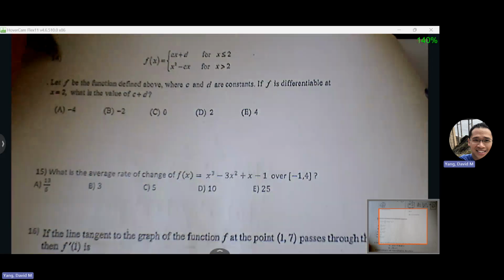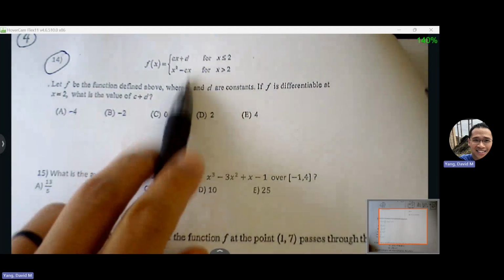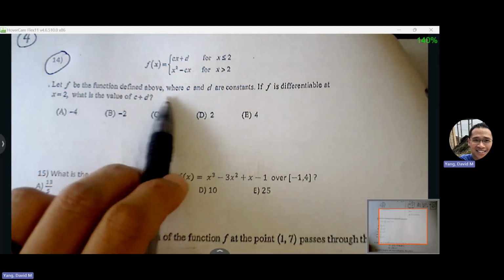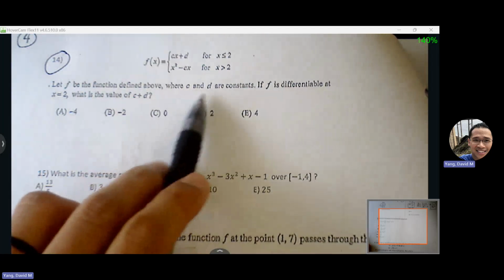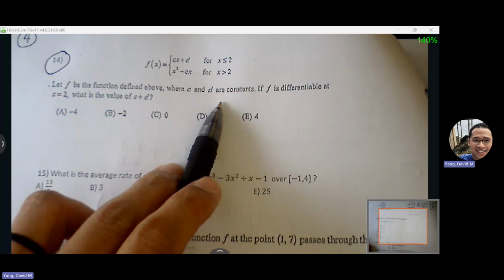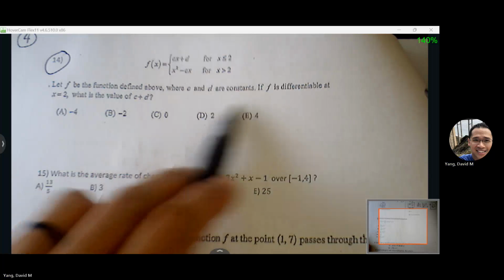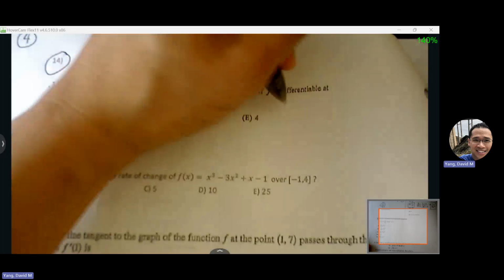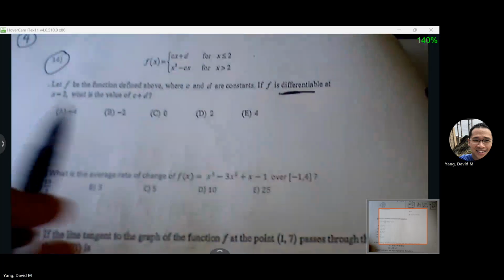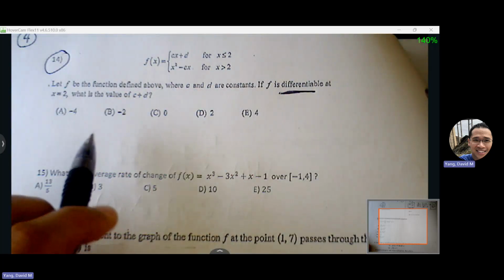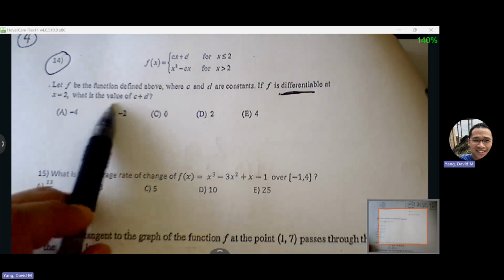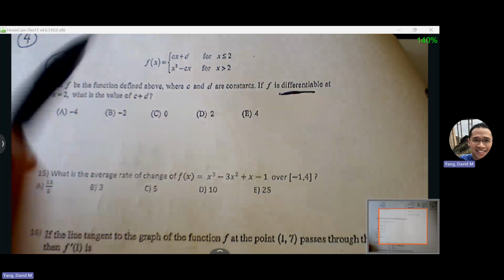We have a piecewise function. It says, let the function be defined above, where C and D are constants. So we'll treat C and D like numbers, like 3 or 4 or 2 or 5. F is differentiable, so that's something we're going to have to make sure we understand. So, a smooth curve. What is the value of C plus D?